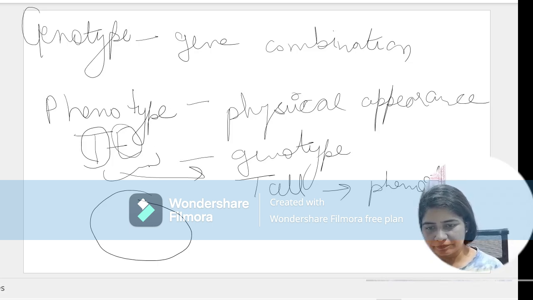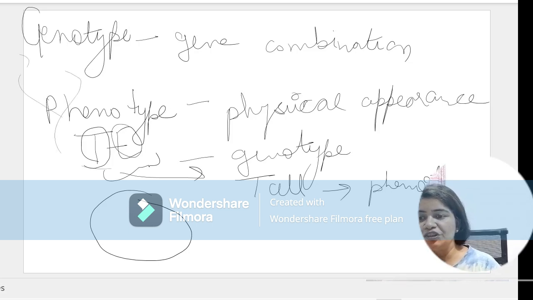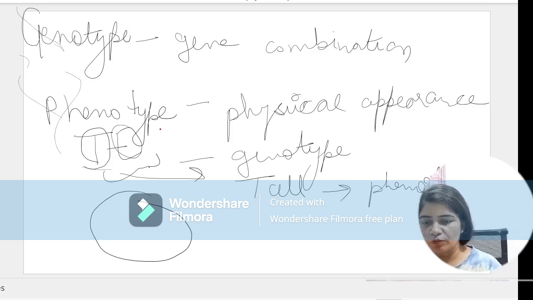If a nucleus has the same type of chromosomes in doubles, like chromosome number 1 present in double amount, then you have another type of chromosome like this, also present in double amount.